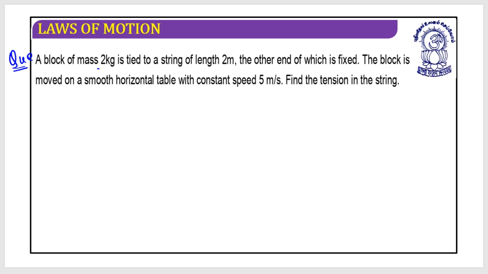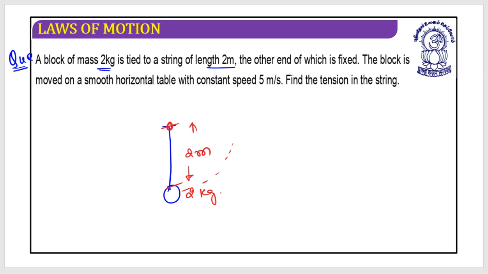It says that a block of mass 2 kg is tied to a string of length 2 meters, something like this. This is a block having a mass of 2 kg, and the length of the string is 2 meters, and the other end is fixed. The block is moved on a smooth horizontal table.